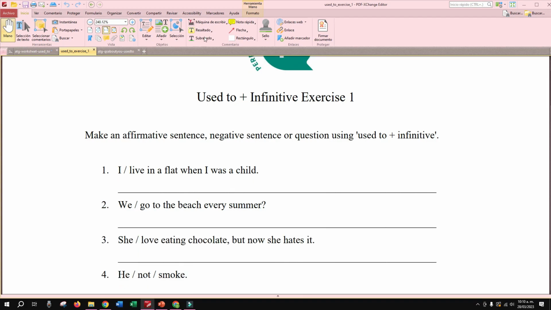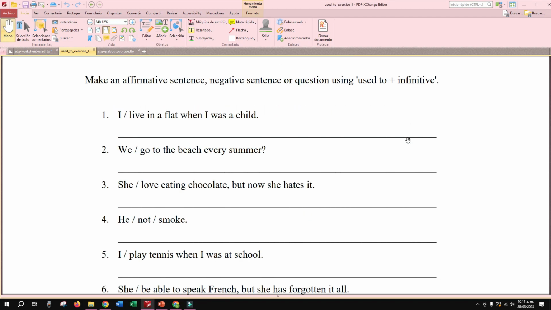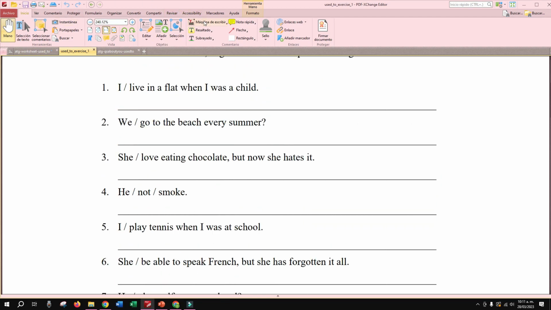Make an affirmative sentence, negative sentence, or questions using used to plus the infinitive. For example, the first one, I live in a flat when I was a child. So, first, the subject, I used to live in a flat, right?